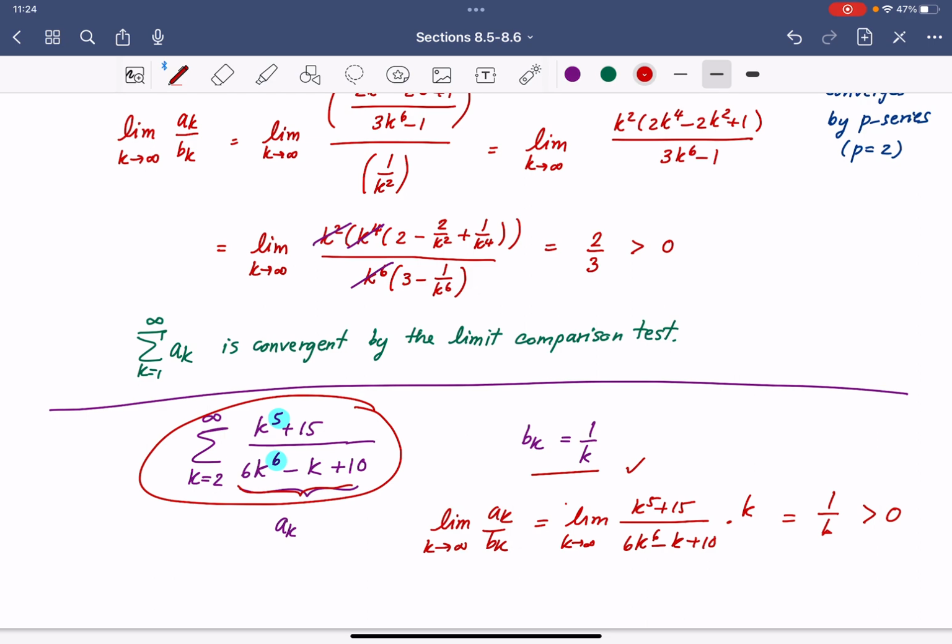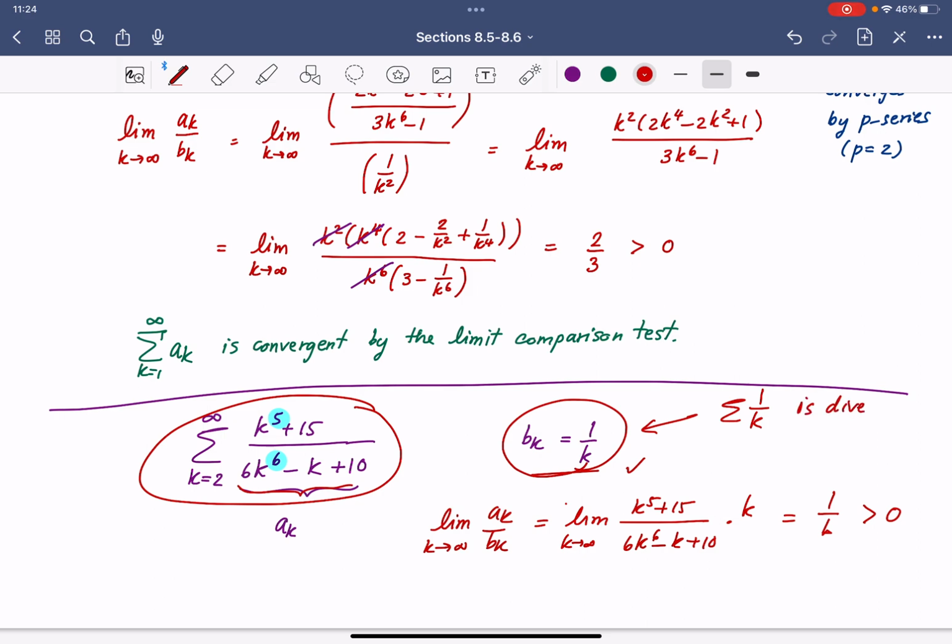And ak and bk are going to have the same pattern of convergence. That means you can look at the pattern of convergence by looking at bk. This one, 1 over k, is divergent or convergent? One more time. Divergent, right? This is divergent, not convergent, everyone.